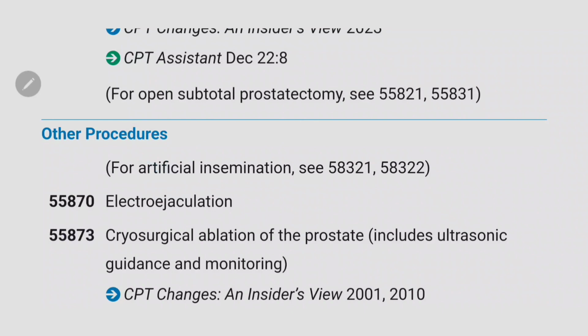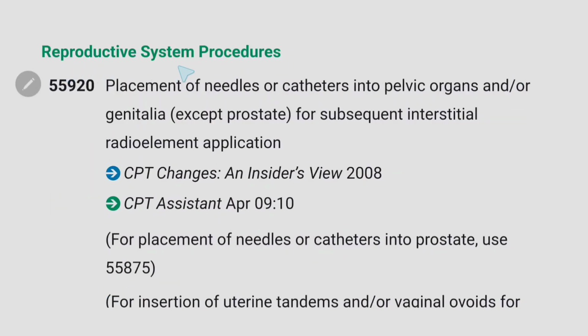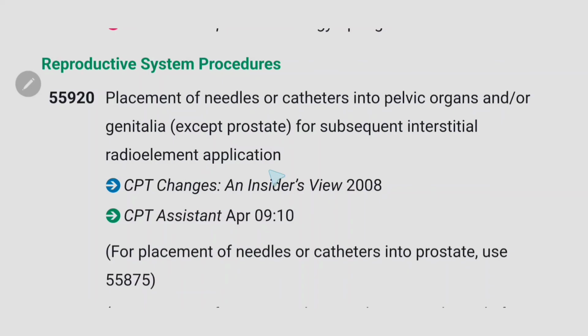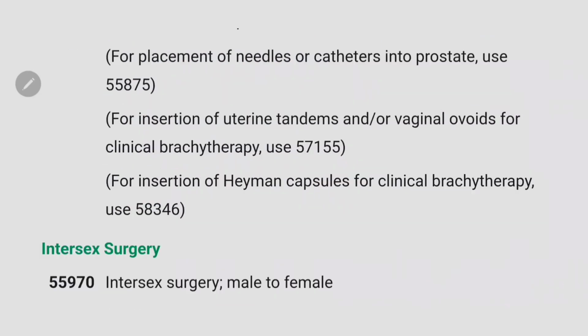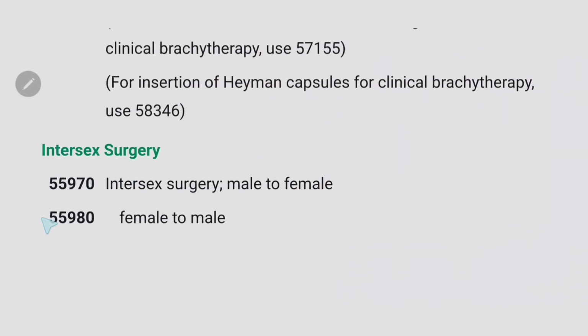Then we have the codes for other procedures, that is electroejaculation, cryosurgical ablation of prostate, includes ultrasonic guidance and monitoring. Next we have reproductive system procedures, placement of needles or catheters into pelvic organs for subsequent interstitial radioelement application. Then there is codes for intersex surgery. 55970 is for intersex surgery male to female and 55980 is for intersex surgery female to male.